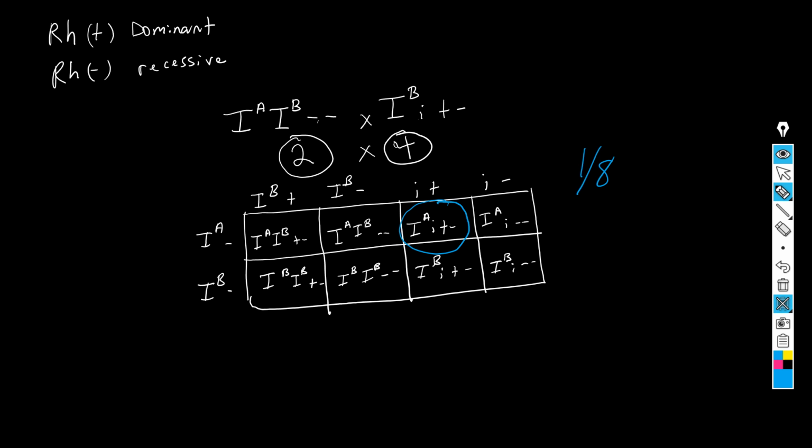Or if the question said, what is the probability that this couple would have a child that would have B positive? Then right there would be B positive, which would be 2 out of 8, 1/4, or 25%.